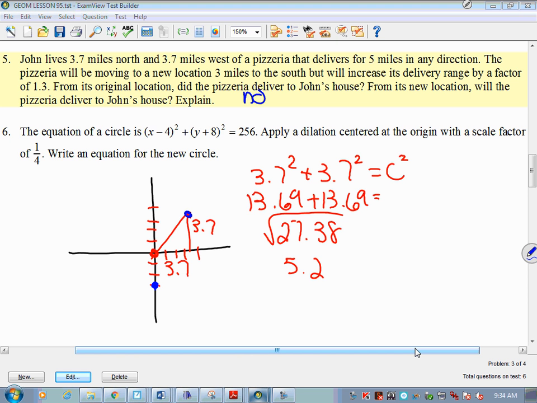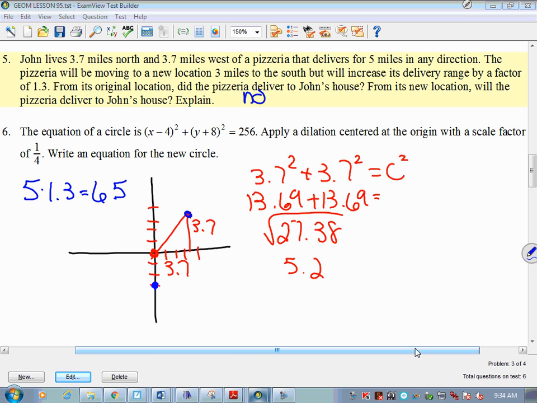So what are we going to do with 5? 5 times 1.3. Well, what is that? What's 5 times 1.3? Okay, so they now deliver 6.5 miles away, correct? All right.